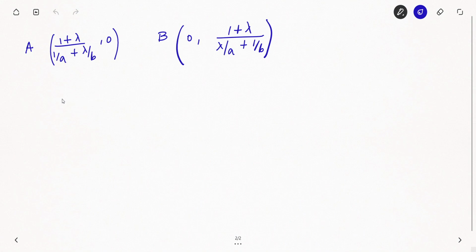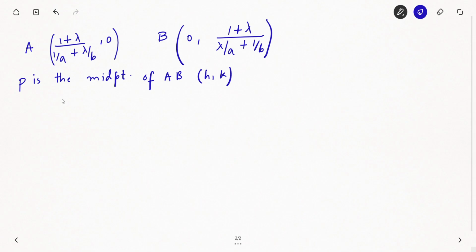Let us say P is the midpoint of AB, and its coordinates are h comma k.